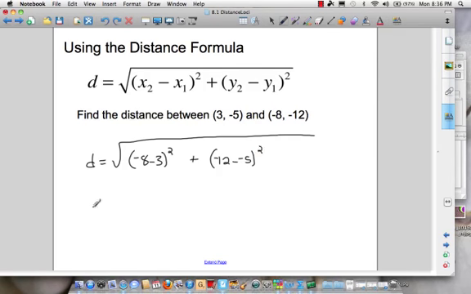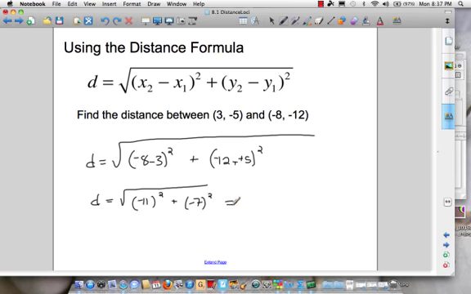And then simplifying that, negative 8 minus 3 is negative 11 squared, and negative 12 minus negative 5 is negative 12 plus 5, which is negative 7. And then that has to be squared.